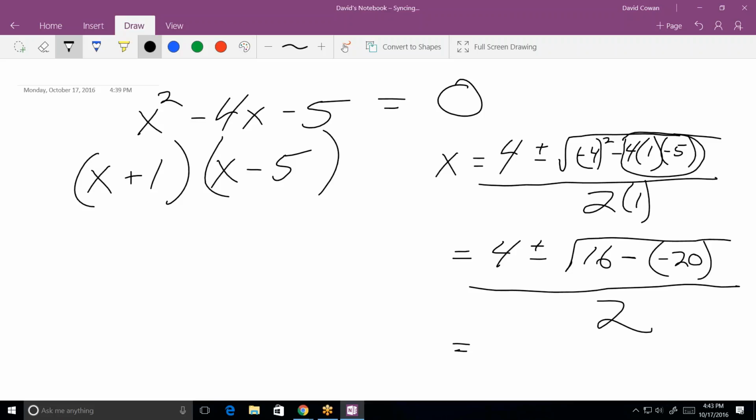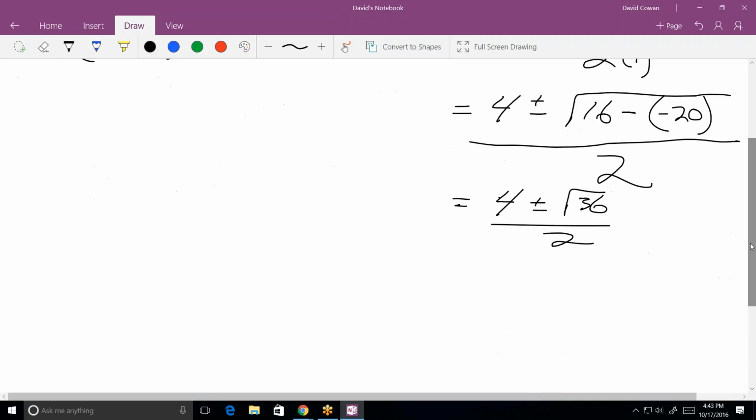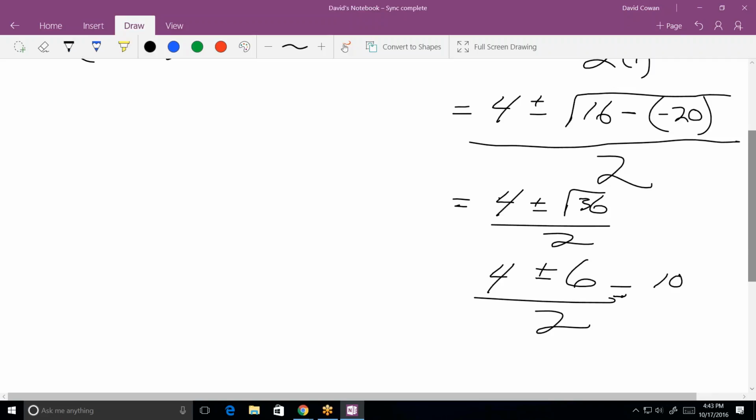Now, that's 4 plus or minus the square root of 36 all over 2. And that is 4 plus or minus 6 all over 2, and that is either 10 over 2 or minus 2 over 2.